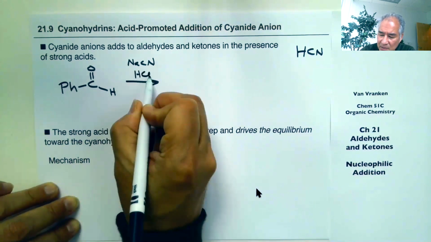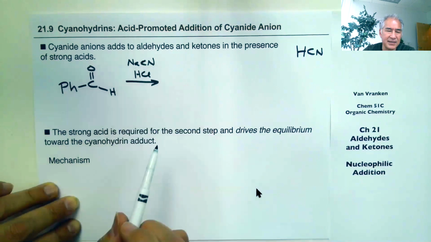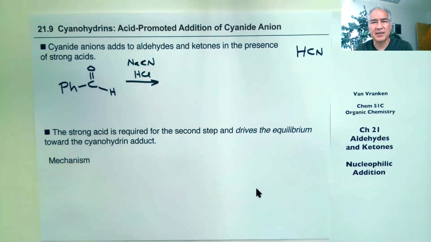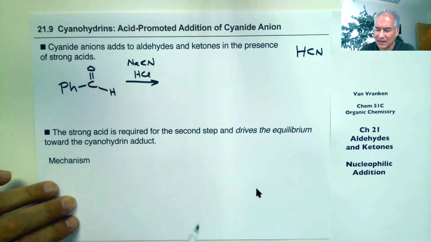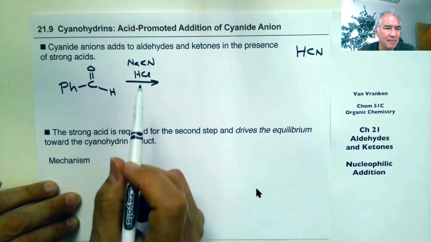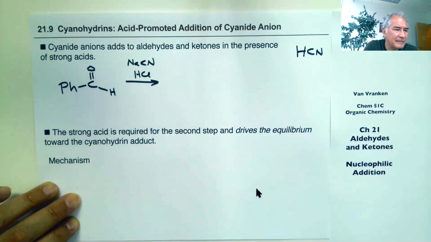And the hydrochloric acid protonates the cyanide anion and generates HCN. So we're simply doing this because it's not convenient. They ought to just tell you HCN. It's kind of none of your business how you generate the HCN, whether you bought a bottle of the gas and bubbled it in, or whether you make it yourself. This just adds to the seeming complexity of this reaction.